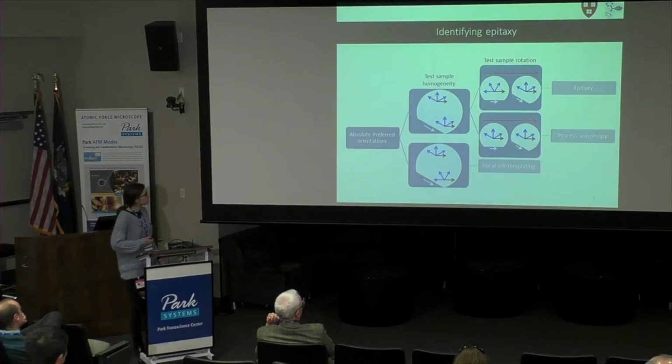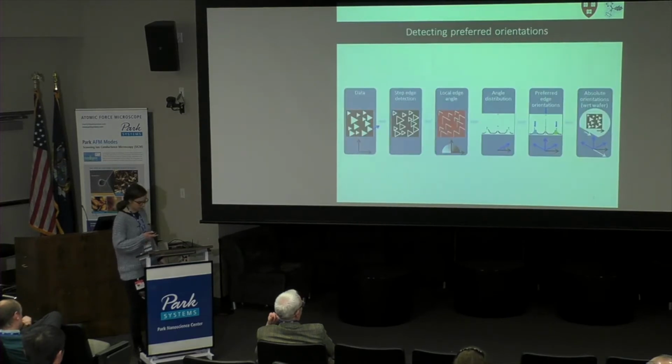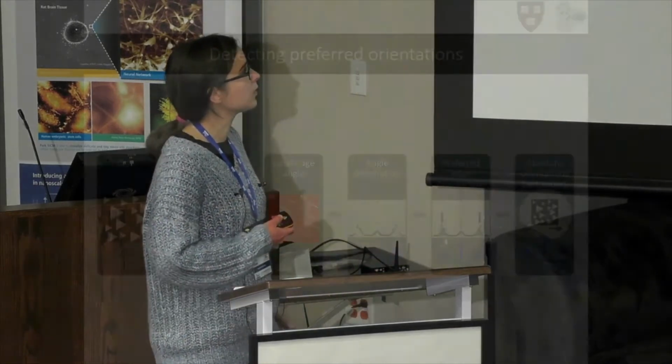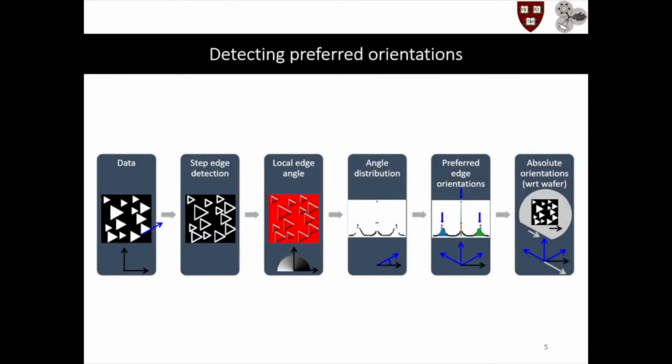Now, in order to do this, we need to first observe preferred orientations. So we're going to do this in an automated way. We start with our data, which is a digital image. Then we detect the step edges, which we associate with a local edge angle.